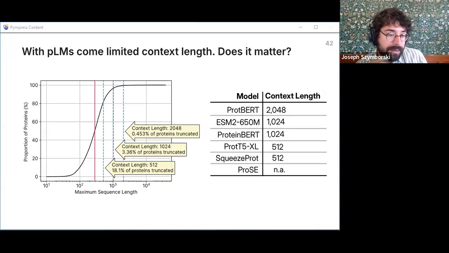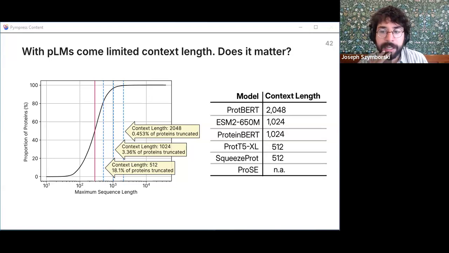So now you have regular vanilla attention-based models. And these models come with quadratic memory complexity related to the length of your sequence. So it's sort of n squared, where n is the length of your sequence. Truncating at the context length of the pLMs here has some potential implications. This is what people usually do to limit the amount of memory complexity they have to deal with. And the context length here for ProtT5 is quite high.